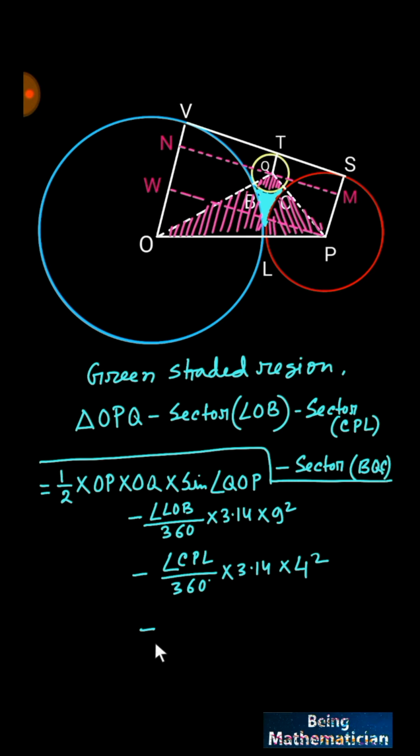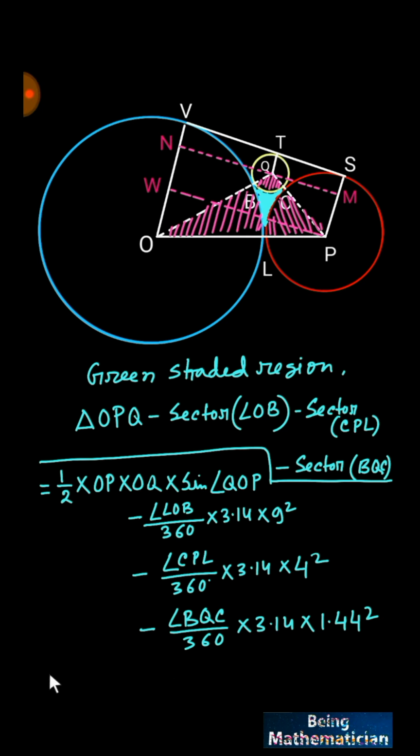The sector BQC must be angle BQC by 360 into 3.14 into 1.44 square.